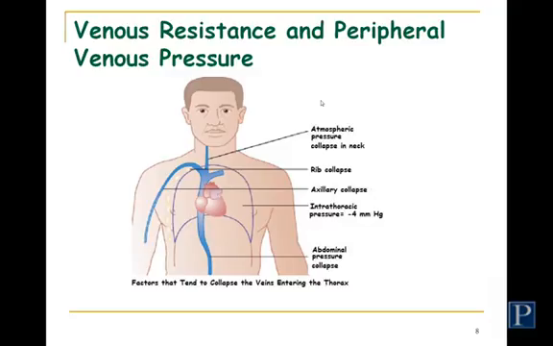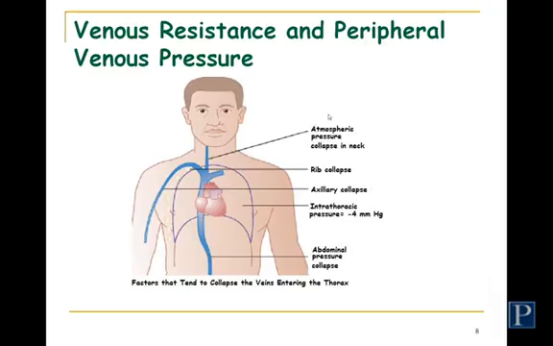Now, if there is all this blood backing up, the peripheral venous pressure may start to increase to try to get blood back to the heart. That may happen. Okay, but one thing again I have to remember, in order for right atrial pressure to start to go up too high, the heart has to be greatly weakened for that to happen. That's generally what would happen to cause that right atrial pressure to be so high.